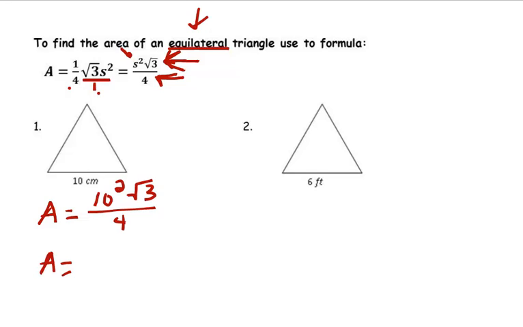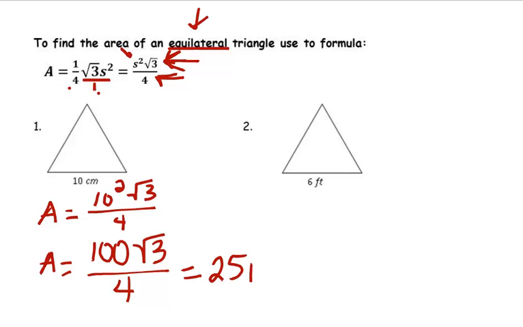We can leave them in fraction form, but I don't think we need to go to decimal. 10 squared gives me 100, times the square root of 3 over 4. And remember that when you do 100 divided by 4, that's going to give me 25 square roots of 3.